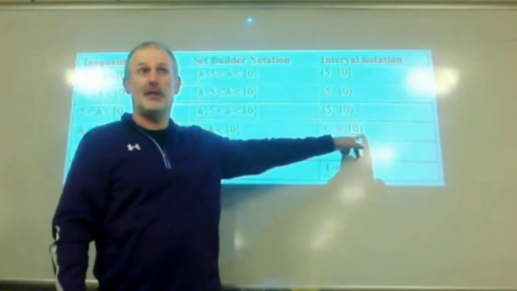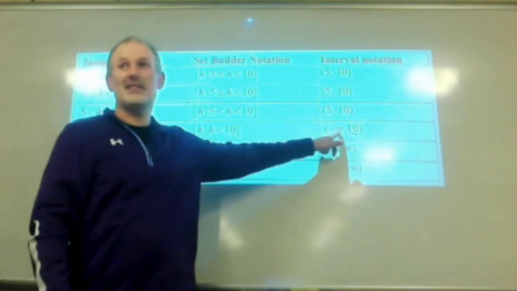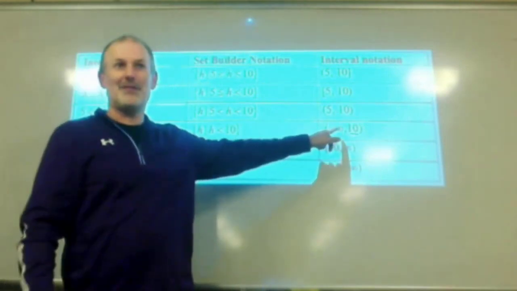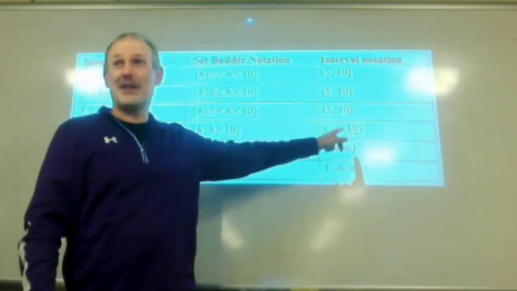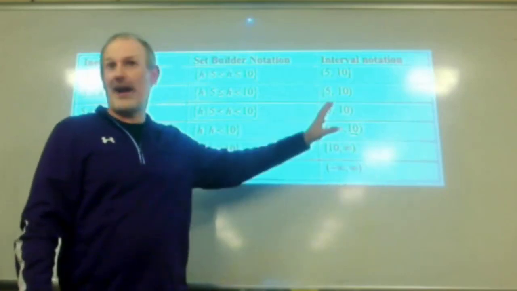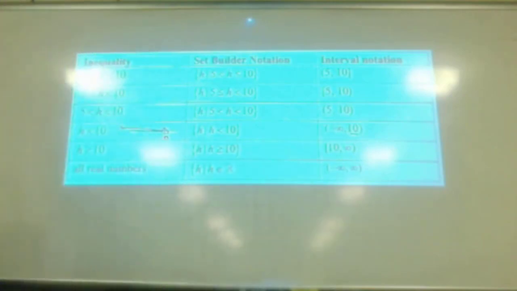And make note of this, because I'll probably say it 5 more times tonight: infinities always get parentheses. There's never a bracket there because there is no end to try and include. It goes forever, just keeps going and going. You can't stop and say this point is included, because it goes past that and keeps going further.